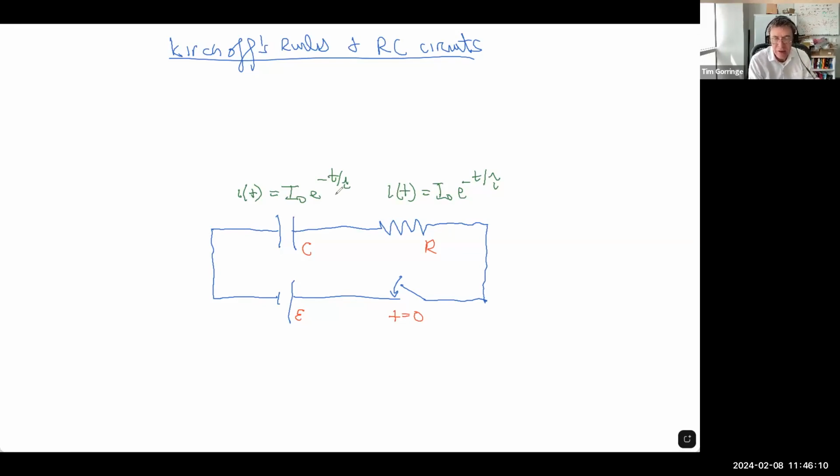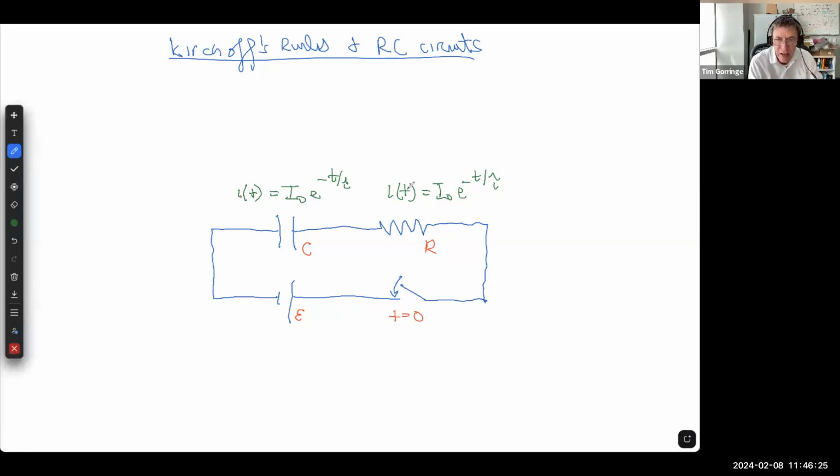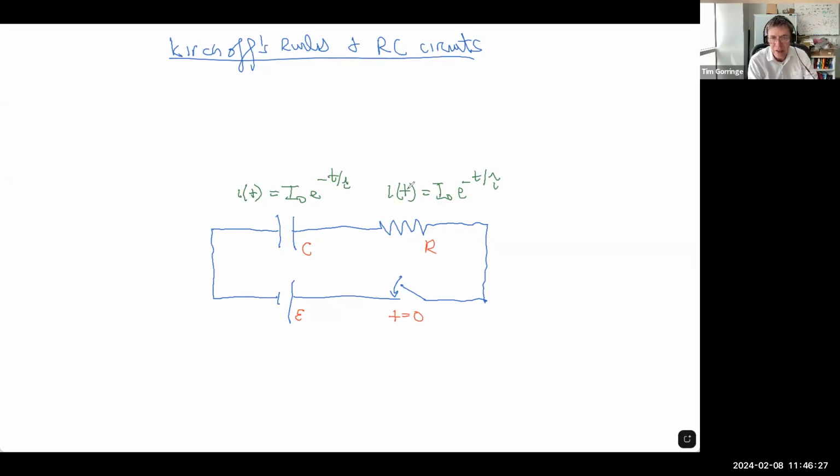As the exponent becomes larger and larger in a negative direction, the exponential function shrinks. And if we waited long enough, for times of many time constants, that exponential function would be essentially zero. So it's telling us that after a long time compared to the time constant, there will no longer be any current flowing.